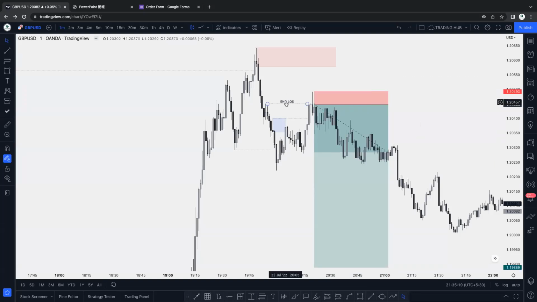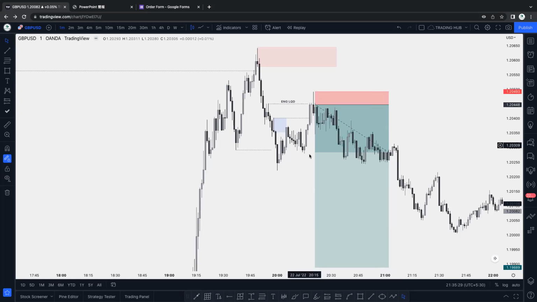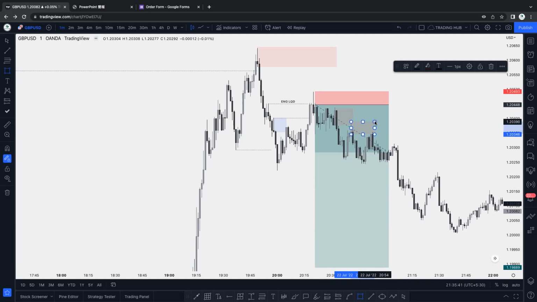Okay, because the market took out the engineering liquidity, and second, the market closed below it. So this is our entry type 3. Correct. Again, the break of structure is here, we mitigate this order block. We can sell here. Again, it sweeps this high, entry type 3 here.